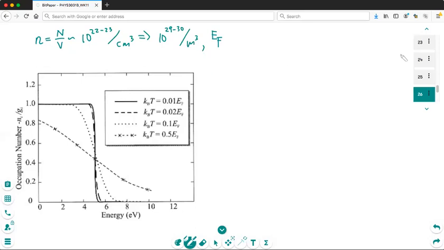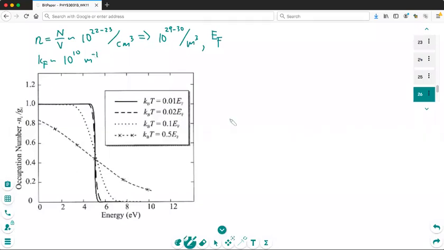And then Kf. If you look at the expression of Kf, you have a factor of 3 pi squared. This is again of the order of 10, that kind of order of magnitude. So Kf is usually of the order of 10 to the 10 per meter.